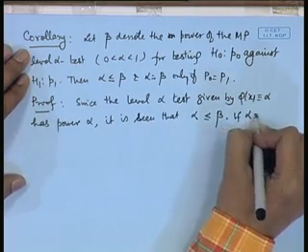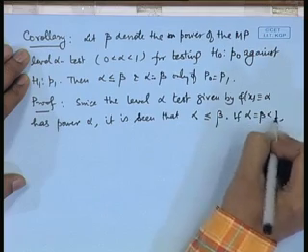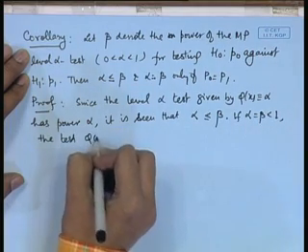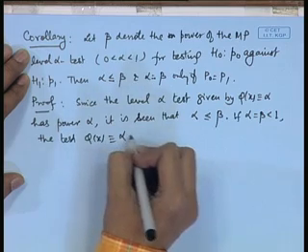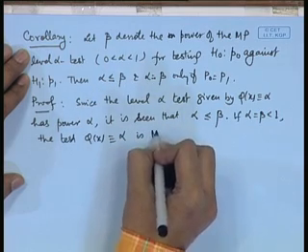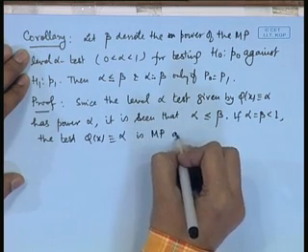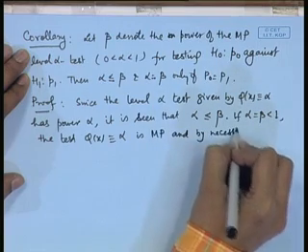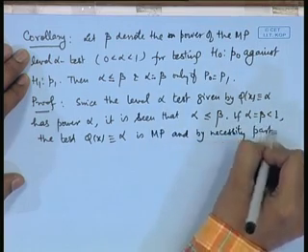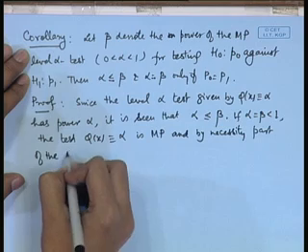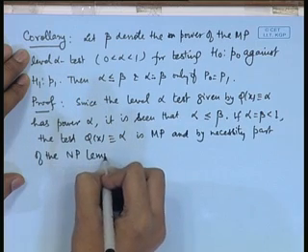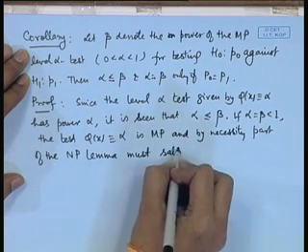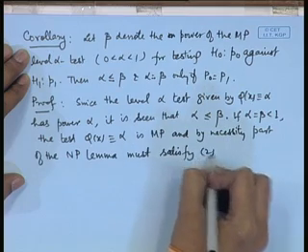If alpha is equal to beta is less than 1, the test phi x is equal to alpha everywhere is MP, and by the necessity part of the NP lemma, it must satisfy 2.